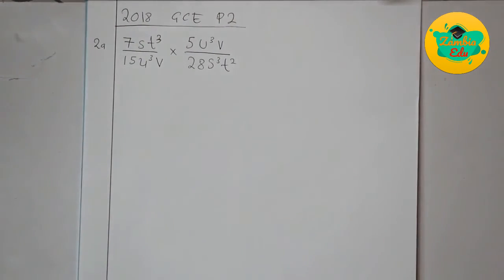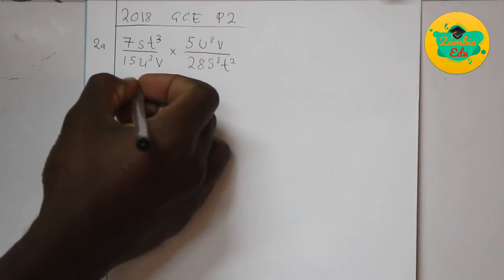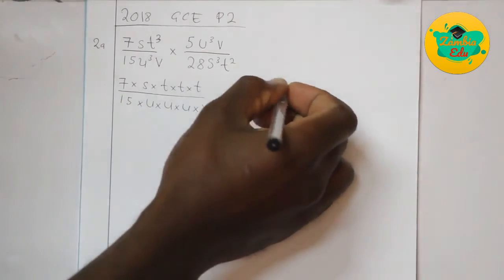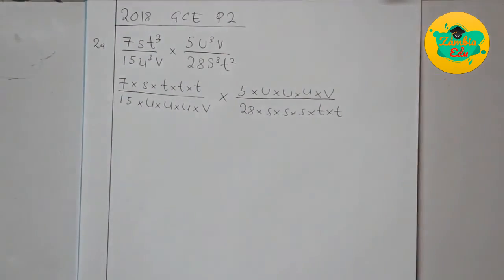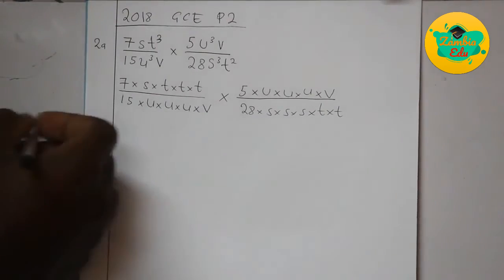Having written the question that way, we are going to expand. Okay, so there we have it. We've expanded. Let's check now the diagonals and cancel out what is common.